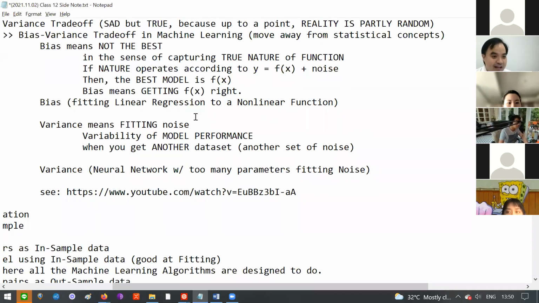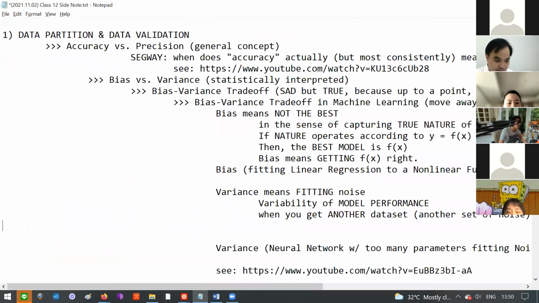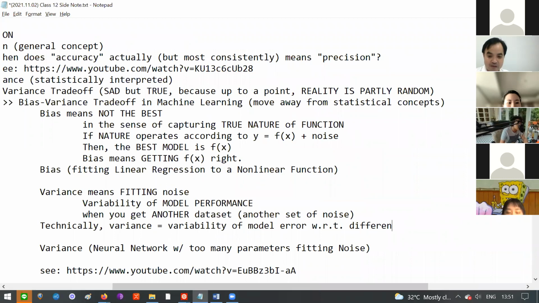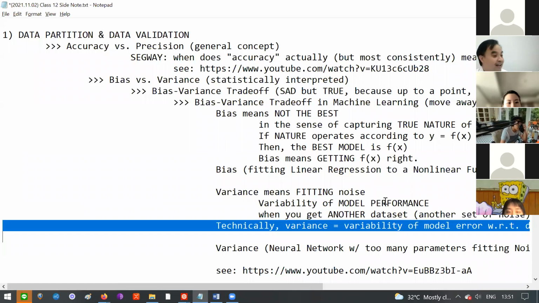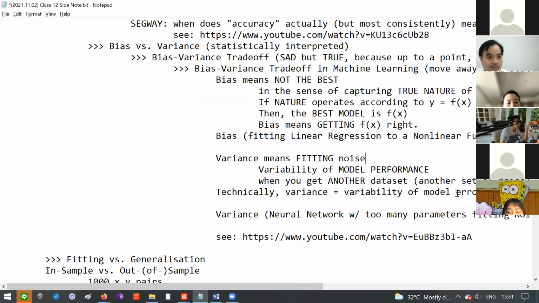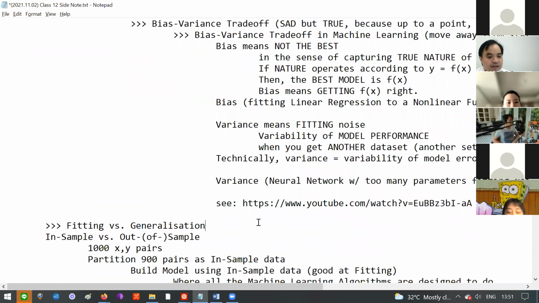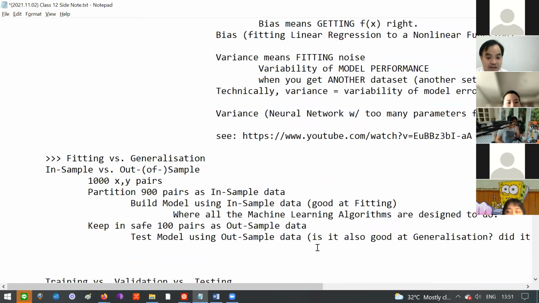So I go back to say that variance, technically, is the variability of model error with respect to different data sets. Technically, this is what it means. So now the definition is complete. This is called fitting versus generalization.